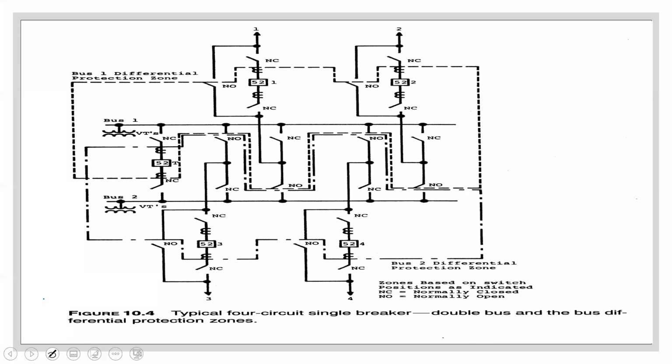But in the event I need to supply from bus 1, then I have no problem. So what this is saying is that the reliability has increased. All I have done here, I now have 2 bus bars to supply my loads from.